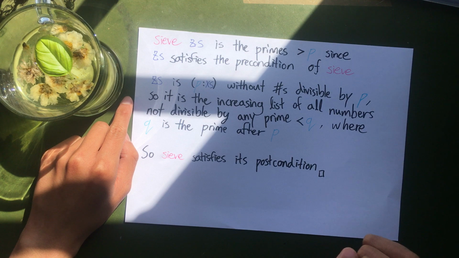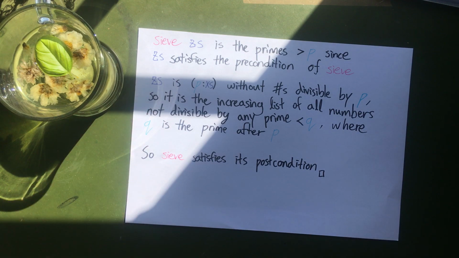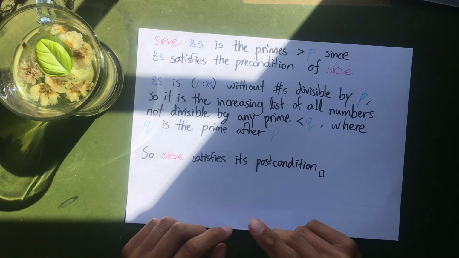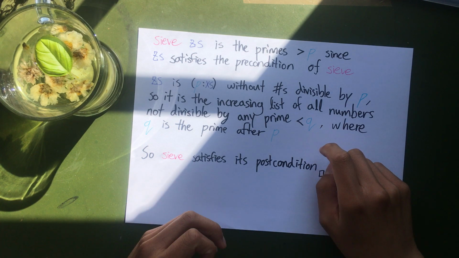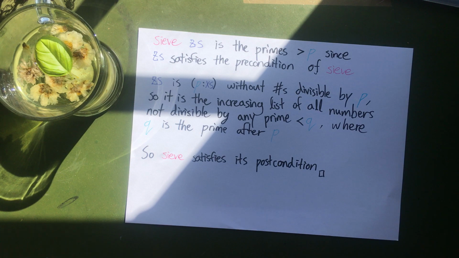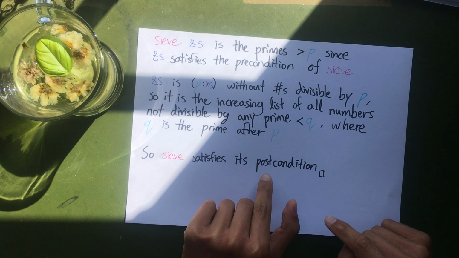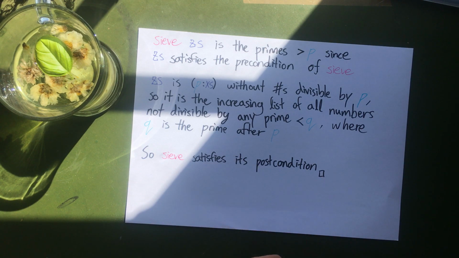So sieve z must produce all the primes which are greater or equal to q, which are all the primes which are greater than p. So sieve satisfies its postcondition. This means that sieve produces all the primes which are greater or equal to p.